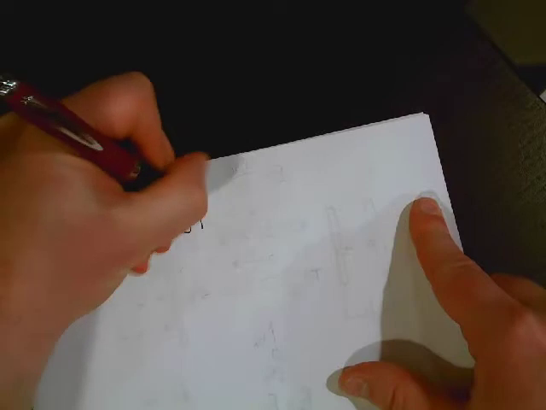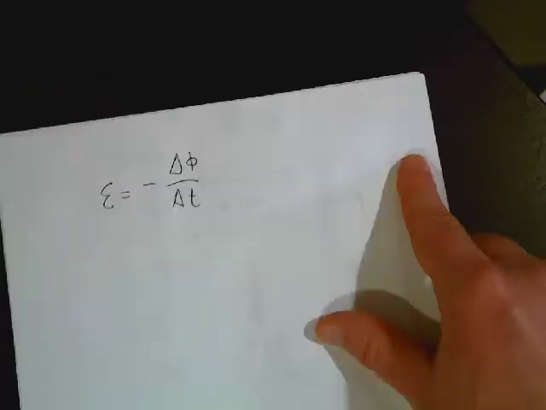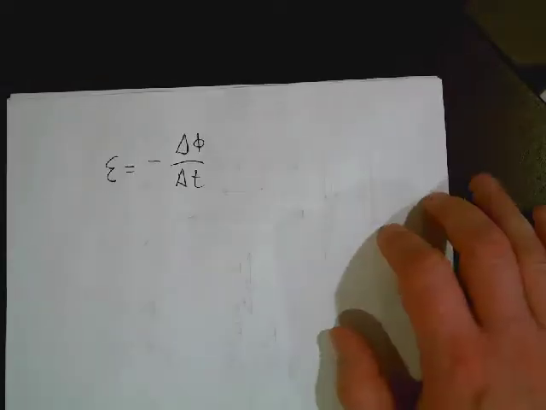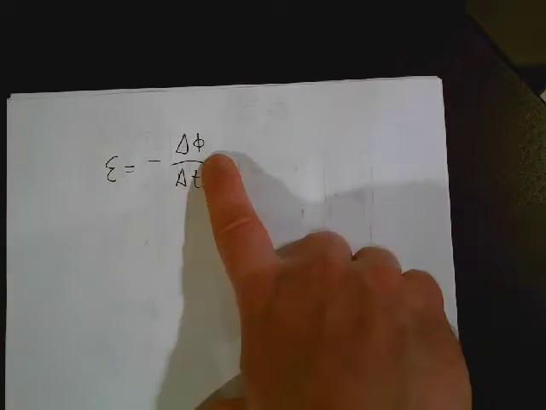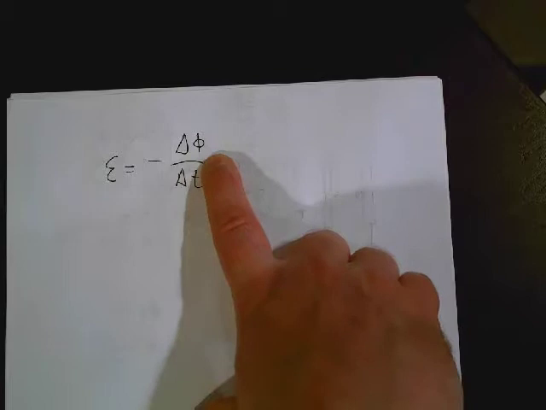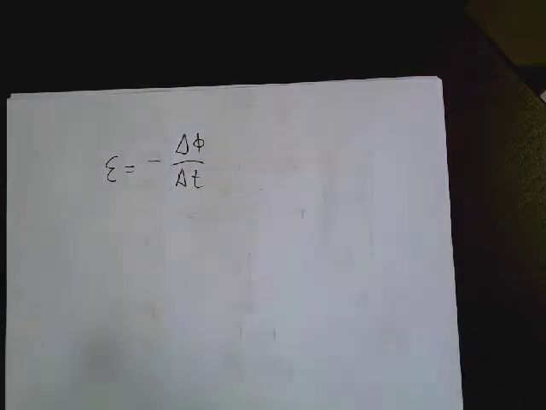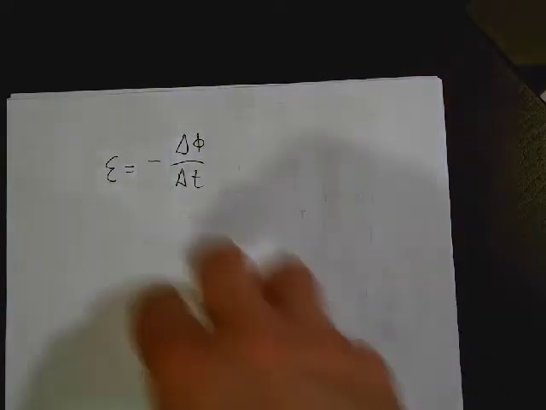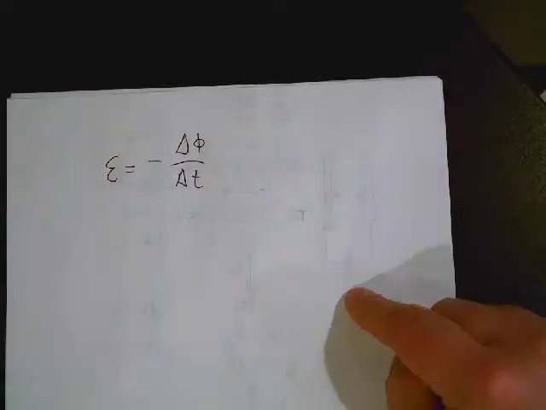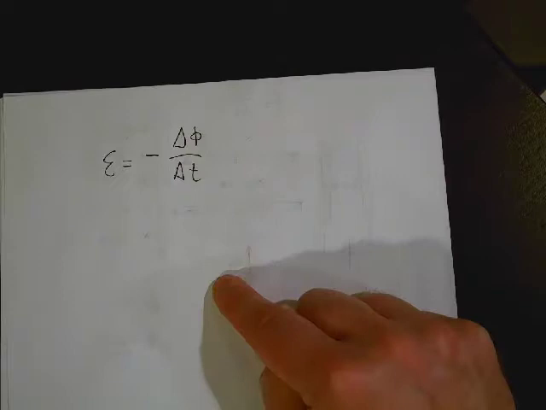Flux. Remember, flux is measured in Webers, which is Tesla times meters squared. And then that led us to Faraday's law, which was this. Okay. So remember, you have to have a change in flux.